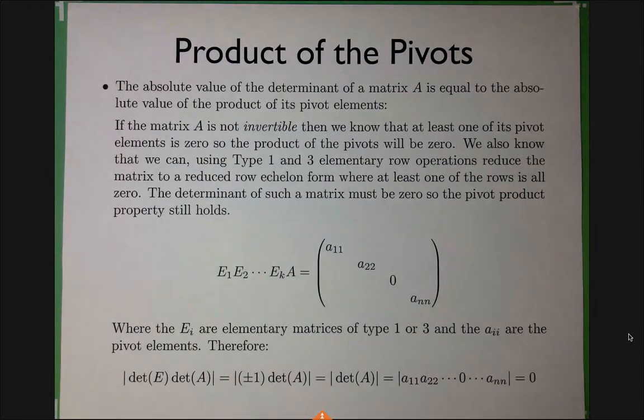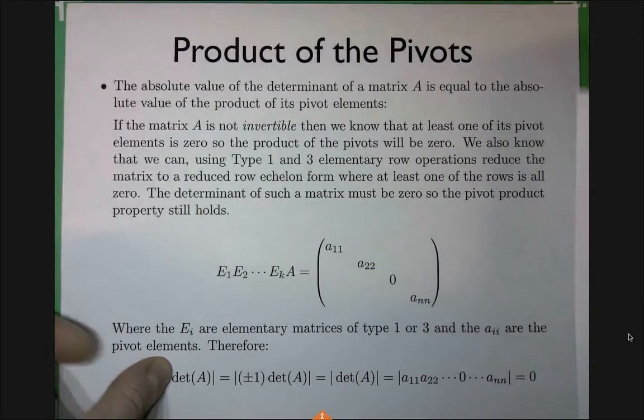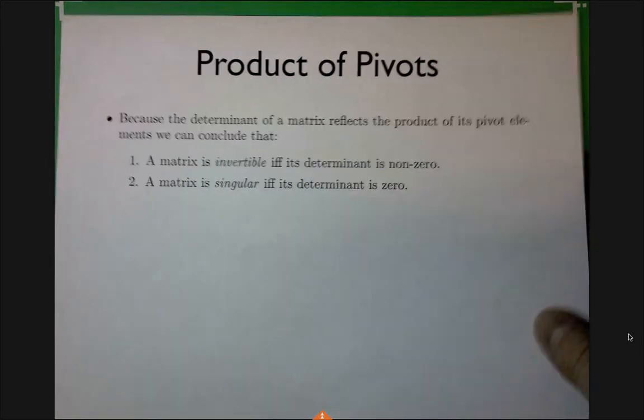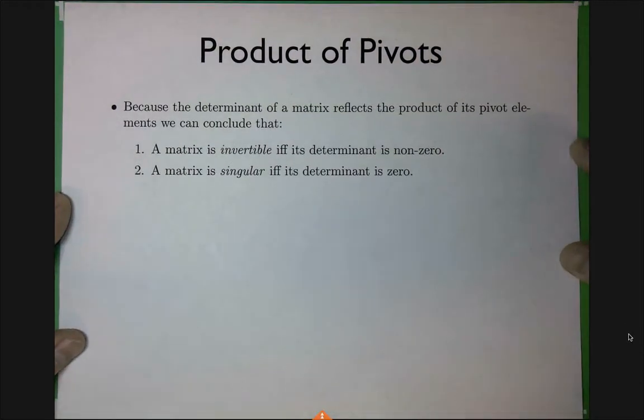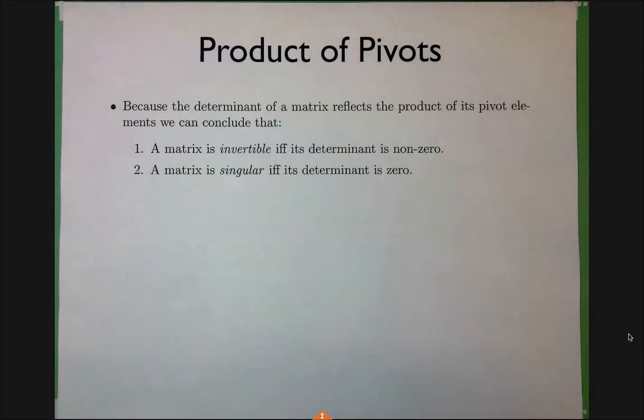So this shows a very nice property of the determinant. Essentially in both cases, the absolute value of the determinant ended up being just the product of the pivot elements.